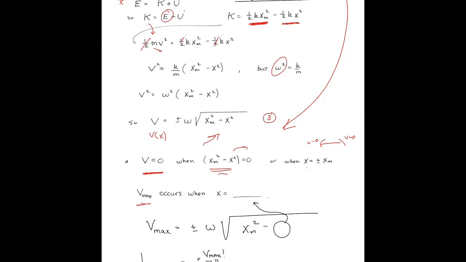Now, we can also use this expression to figure out where the velocity is maximum. So you've got to think, how do you find the value of x that maximizes that function? You don't even need to take the derivative and set it equal to 0. This is the velocity, and you're subtracting away x squared. So the velocity is the biggest when you're subtracting away 0.